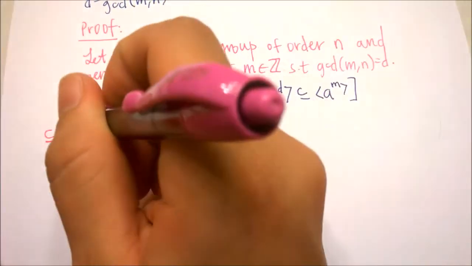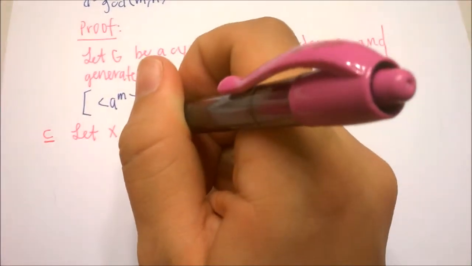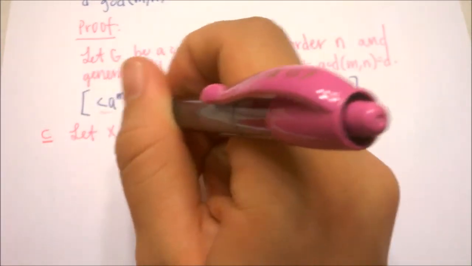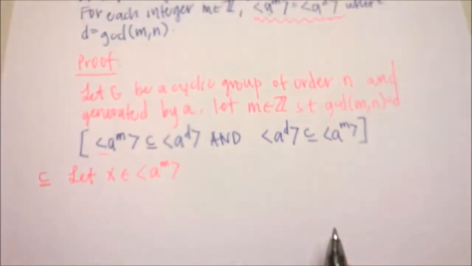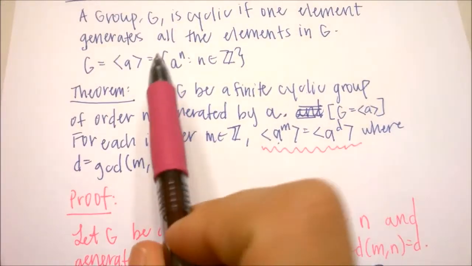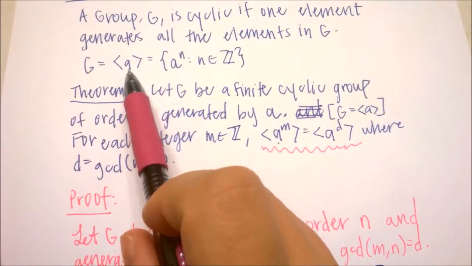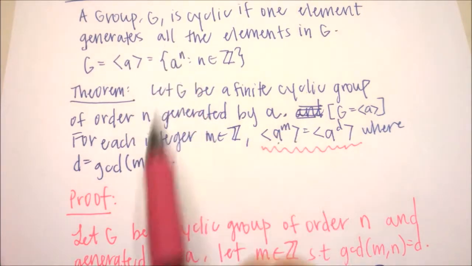So let's pick an arbitrary element x in ⟨a^m⟩. Now remember our definition of a cyclic group: a group generated by something is that something raised to an integer.